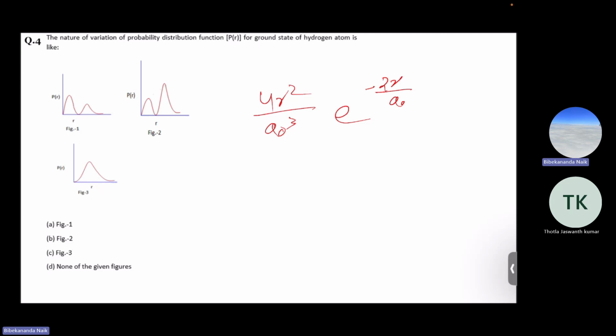This is the probability distribution function.